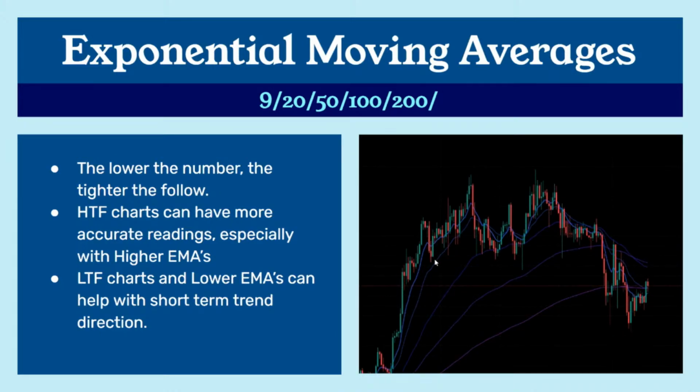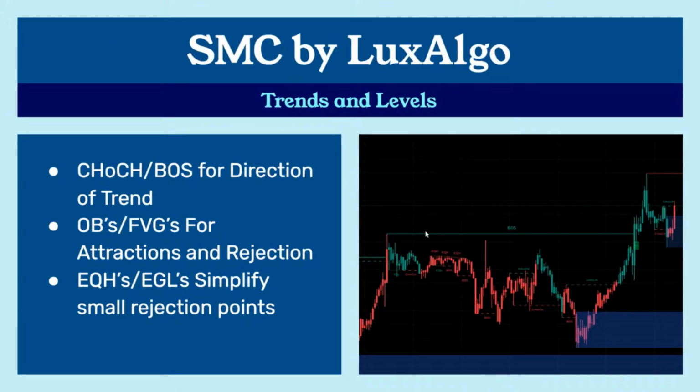That's not a break of structure nor a change of character, but it broke below that level and rejected. So that's a point where it's nice to have something like this, where I know for certain it's much more likely a change in trend, not just a fade below the EMA for a quick second and then a pop right back, especially since the 9 EMA is a smaller EMA than the others.